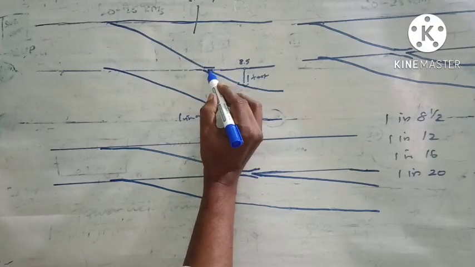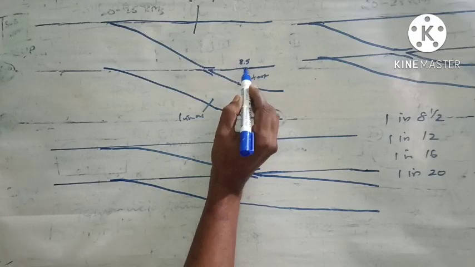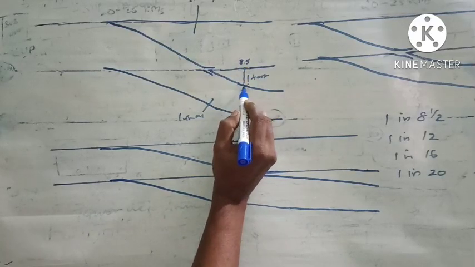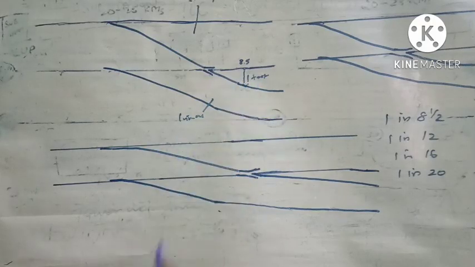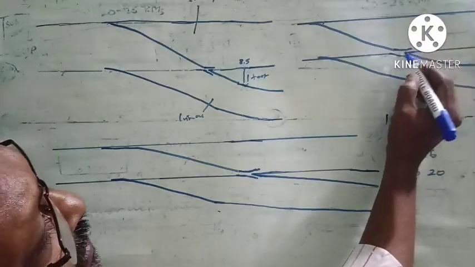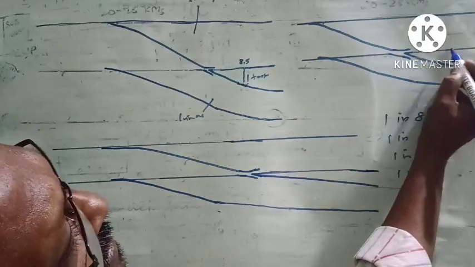So the distance from this nose along this straight track is 8.5. From that 8.5 mark towards this turnout track, it is 1 foot. Then it is called a 1 in 8 and a half turnout. Now take this picture. This is the straight track. In the straight track, from the nose rail, you measure the distance.